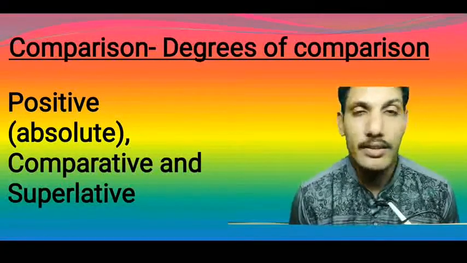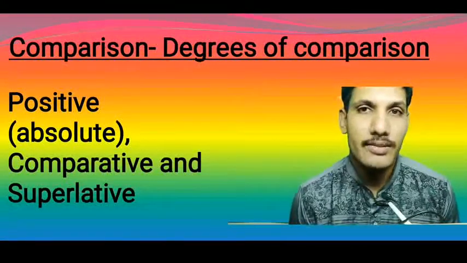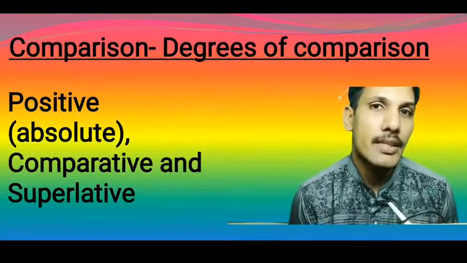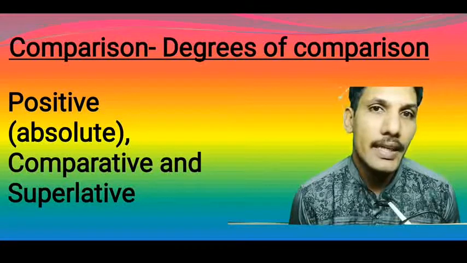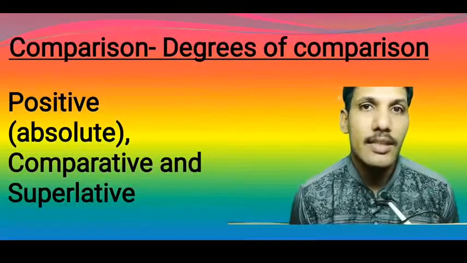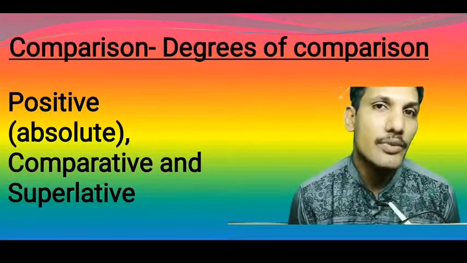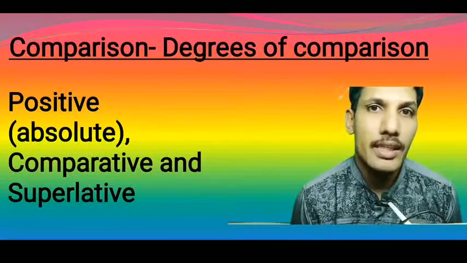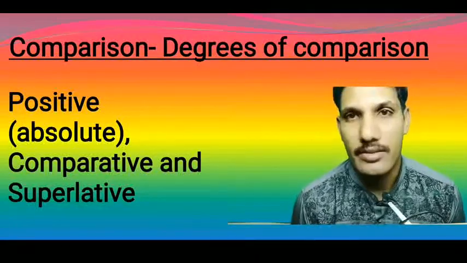For example, dry which ends with y takes an i and er, thus the comparative degree of dry is drier and superlative degree therefore is driest.